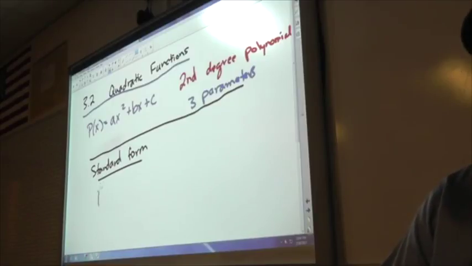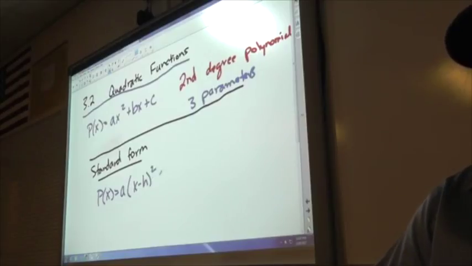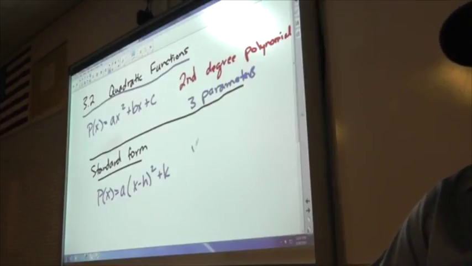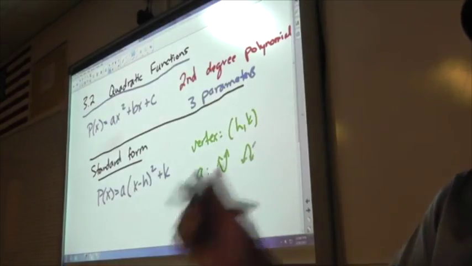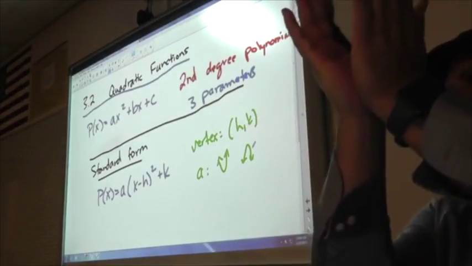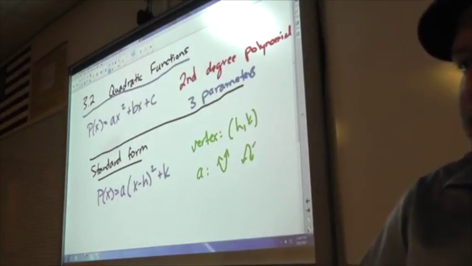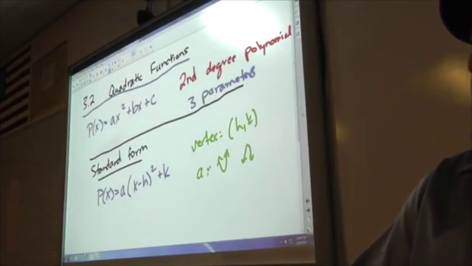So this is saying the vertex is (h, k). Notice that it's the opposite. The h here is opposite. And a tells you the shape. It tells you if it's open up or down, and how much it opens up or down. It could be really skinny, or it could be really flat. Now you just need 2 things.